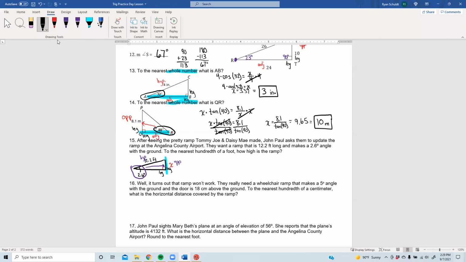Okay, so what's opposite and hypotenuse? Which trig ratio uses that? Sine. So I want to do the sine of 2.6 equals the opposite, which is X, over 12.2.